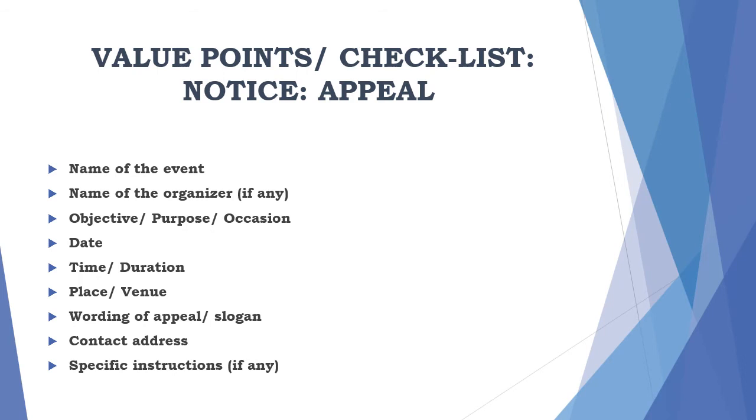Students, you can use the following checklist for writing notices for appeals. Name of the event, name of the organizer, objective, purpose or occasion, date, time or duration, place or venue, wording of appeal or slogan, contact address, specific instructions if any.